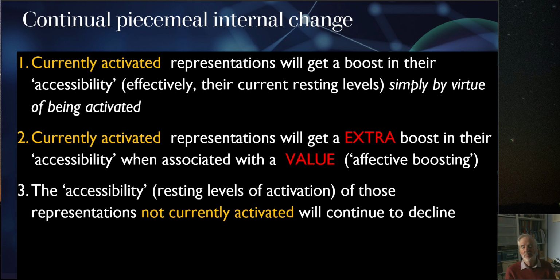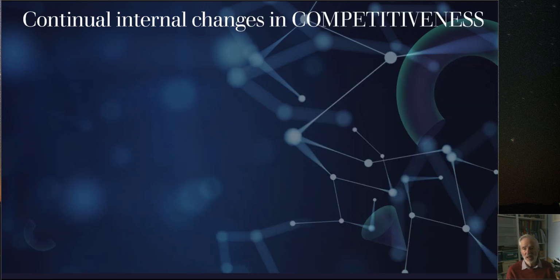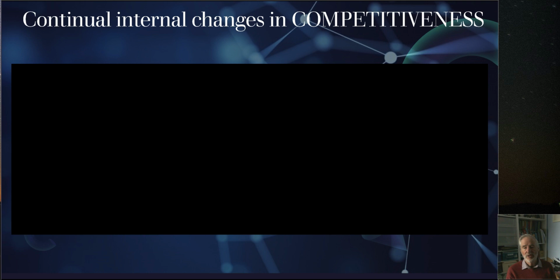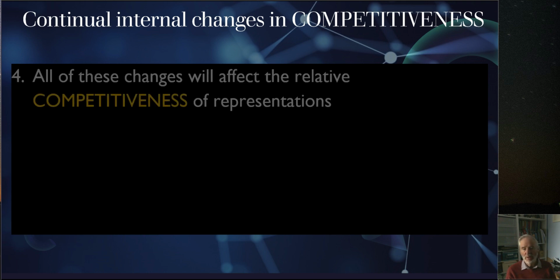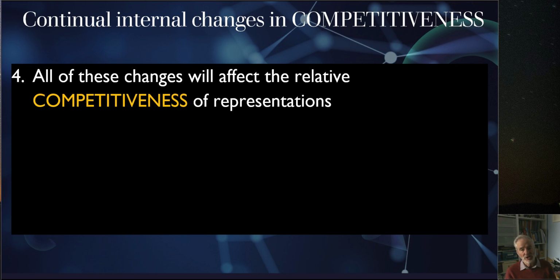So the longer a particular representation, a participant in some or many schemas, is not regularly activated over a longer period of time, it will continue to decline. So continual internal changes could be described as changes in competitiveness. All of these changes will affect the relative competitiveness of representations.